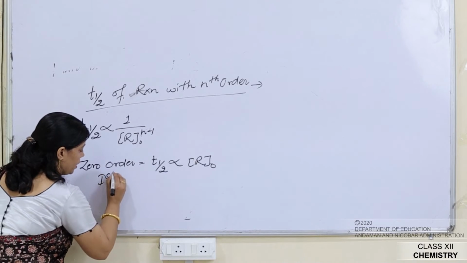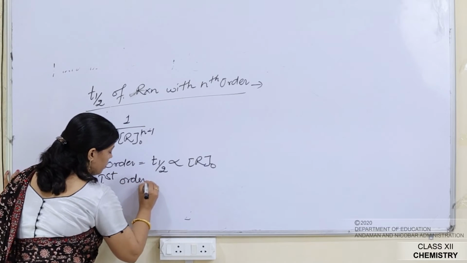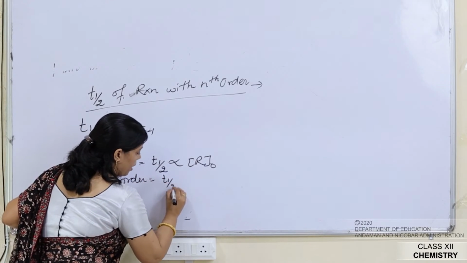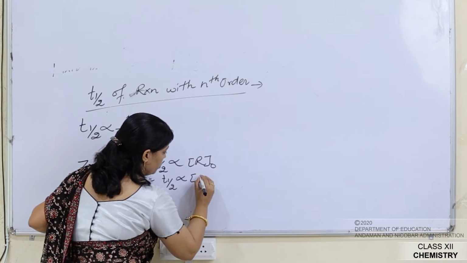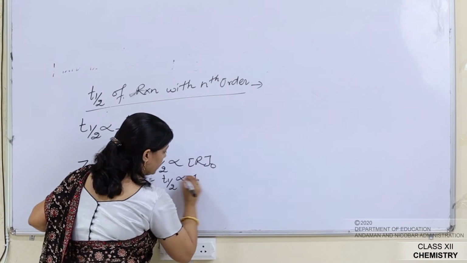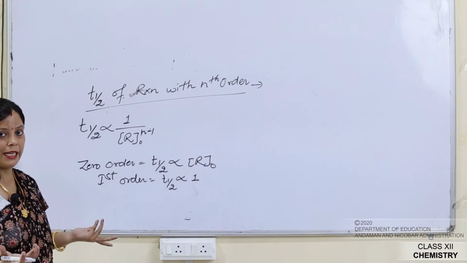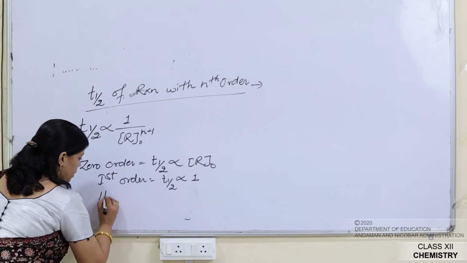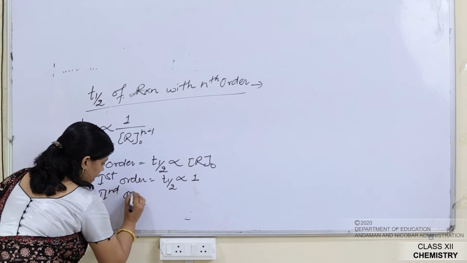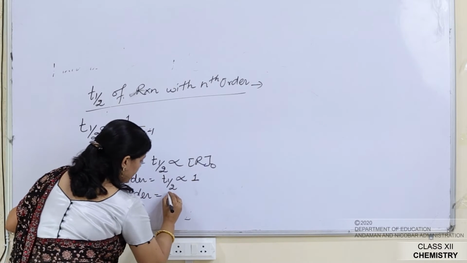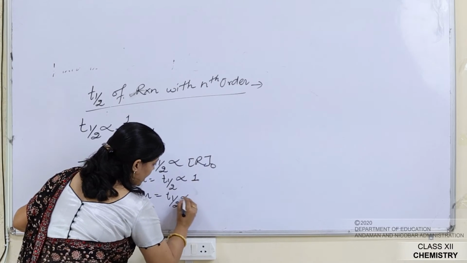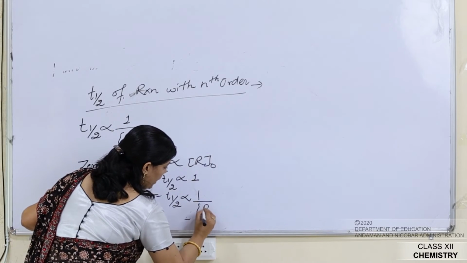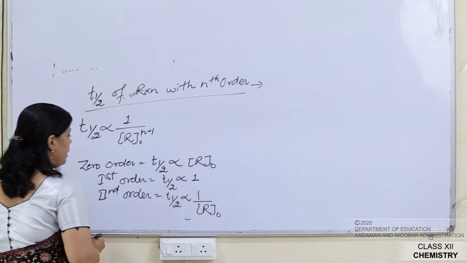Similarly for a first order reaction, the T half is directly proportional to 1. It is a constant term. It does not depend upon the initial concentration of the reactant. For the second order reaction, the T half is directly proportional to 1 by initial concentration of the reactant.